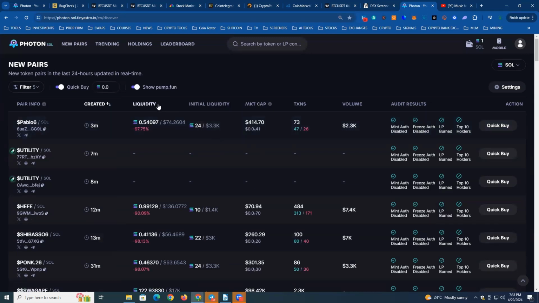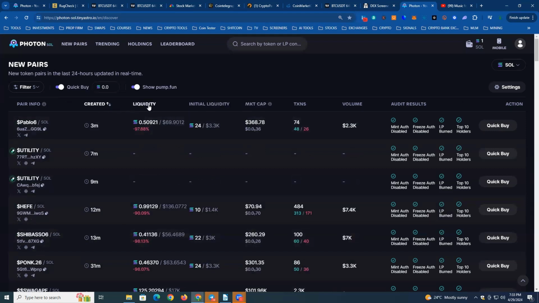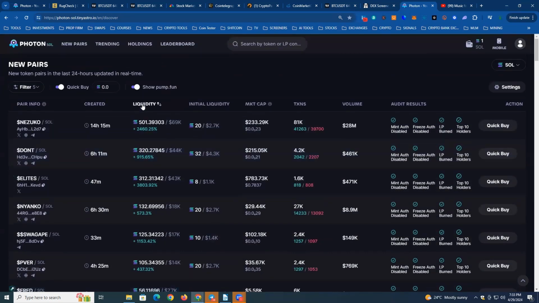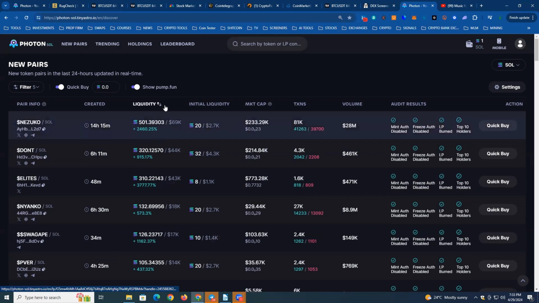The second thing that you want to look at, once you have set those filters, is that you are able to move from heading to heading. For instance, if you were to click on the liquidity heading, the coins with the most liquidity will pop up in the first click.